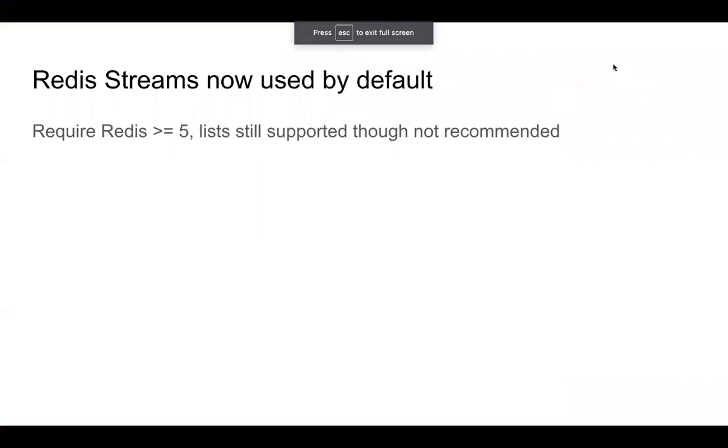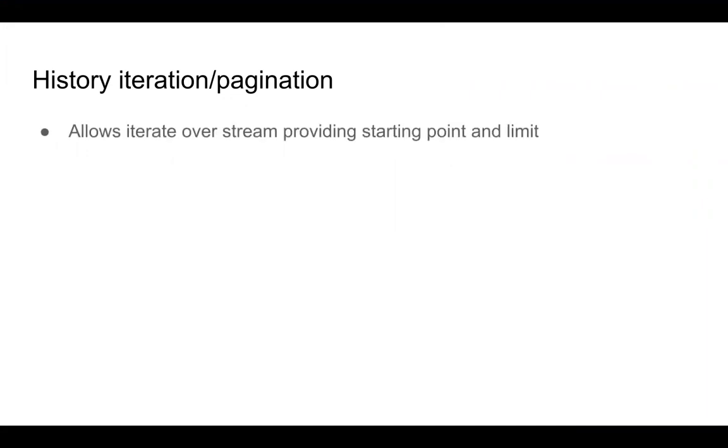It will be possible to iterate or paginate over history in Centrifugo v3. You can paginate, iterate over history since some position, some offset, and some epoch, and provide a limit.